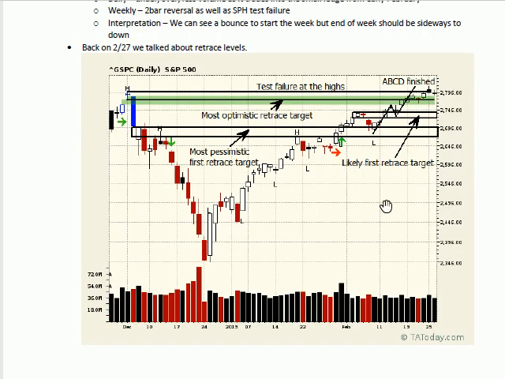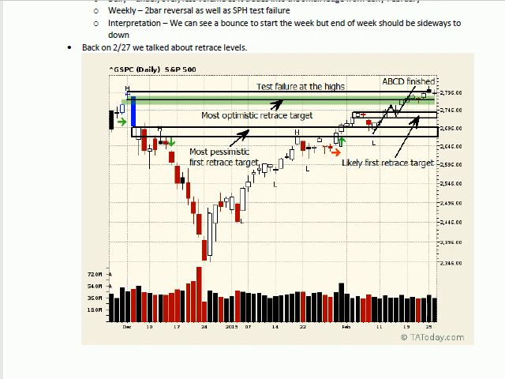Now, if we look back on the 27th of February, it looked like we were going to get some sort of a retrace, and that retrace was attempting to set up. There was a test failure back then at a swing point high that suggested some sort of a retrace. At that time, we talked about where things could trade to.